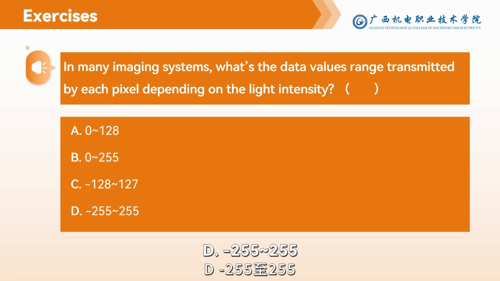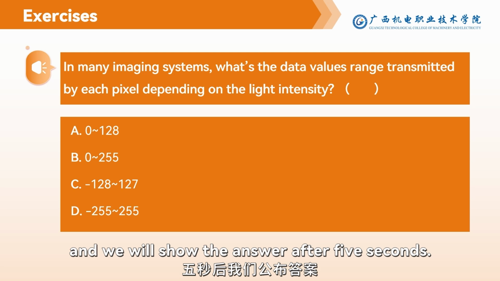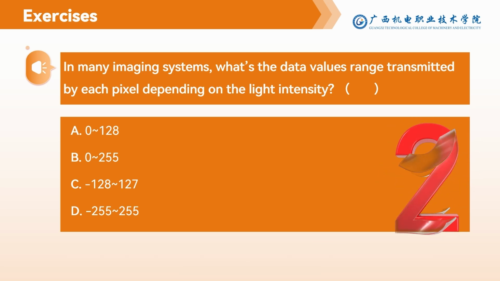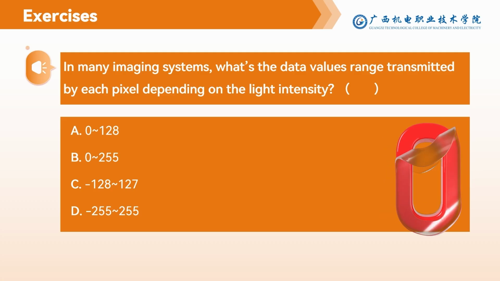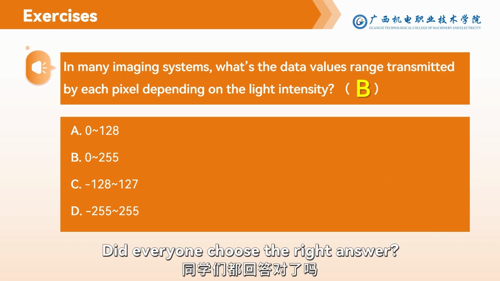D. Minus 255 to 255. I will give you 5 seconds to think and will show the answer after 5 seconds. The answer to this question is B. Did everyone choose the right answer?